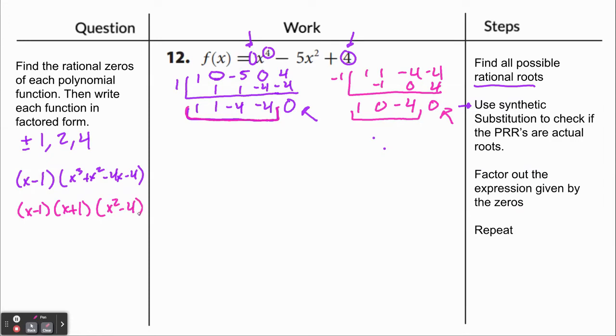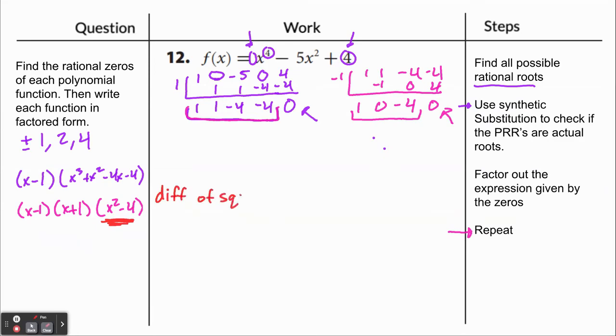Now let's pause for a second. Yes, we could continue plugging these in and repeating these steps over and over again, but let's use a little thing that we learned from the last unit. We know x squared minus 4 is called the difference of squares.